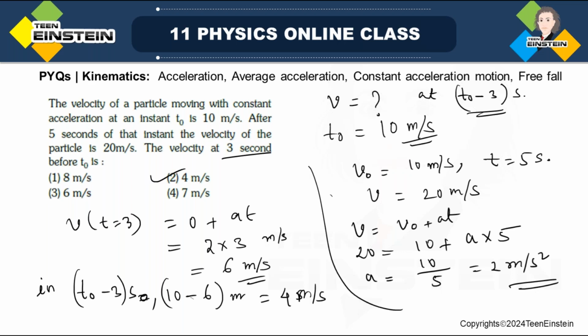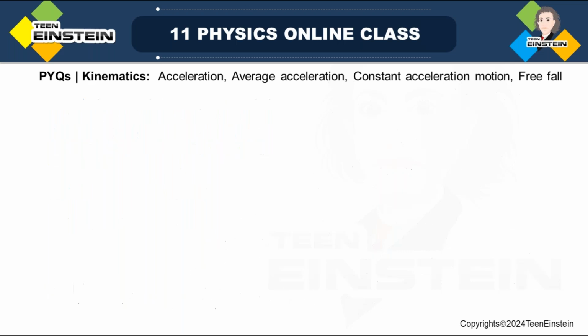If you are having trouble with this, let me do one thing. I have taken t equal to some time when the velocity is 10 meter per second. I know the acceleration, that is 2 meter per second squared.